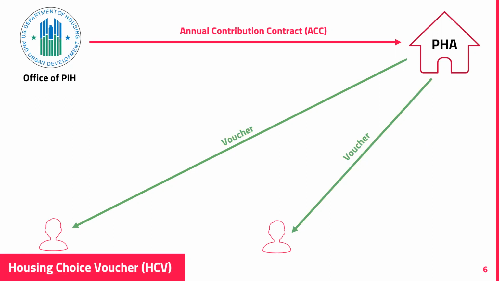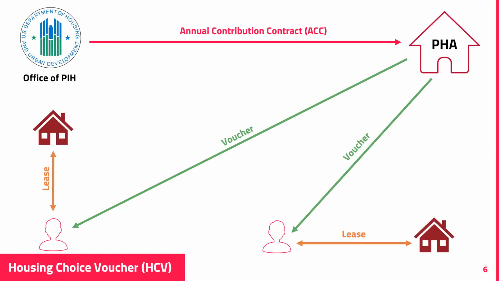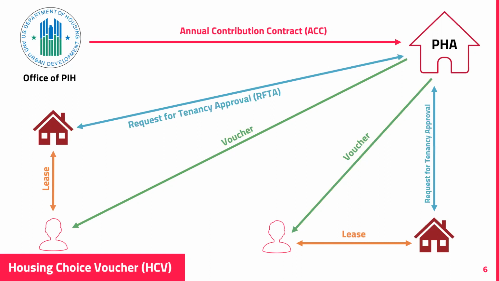So these people get on the waiting list for the vouchers. Once the voucher is issued, the tenant looks for an apartment by themselves. It can be market, it can be LIHTC properties, it can be publicly owned or privately owned. They look for their own housing and they execute the lease with the property.